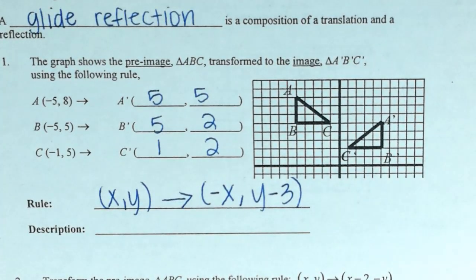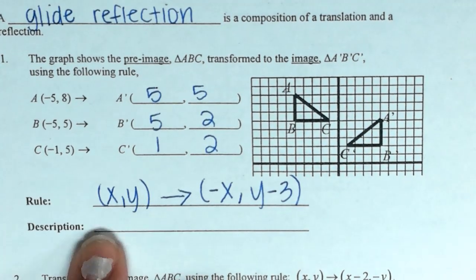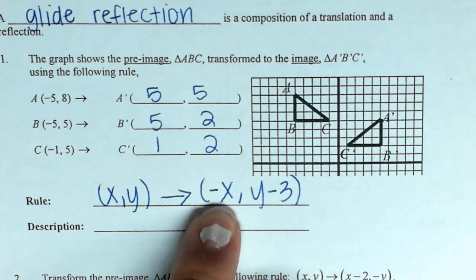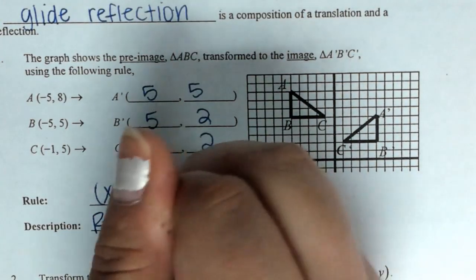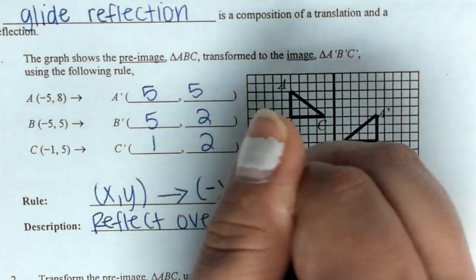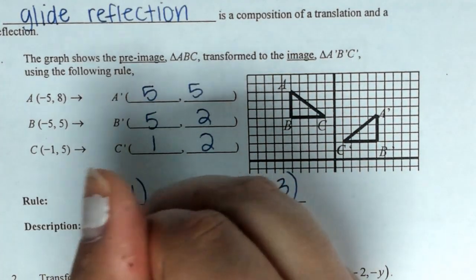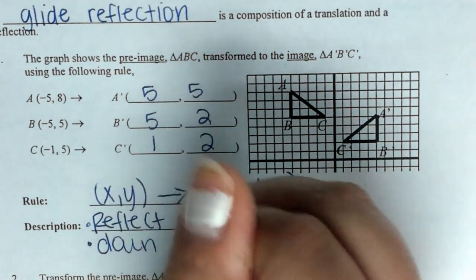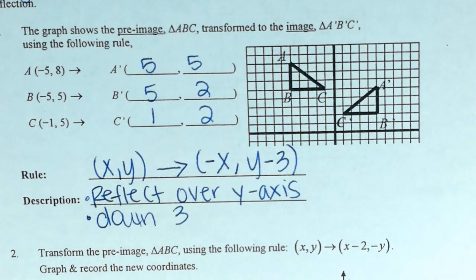Negative 3. And so then what is my negative X? Reflect over the y-axis. And what is my y minus 3? And that is how I expect you to do this.